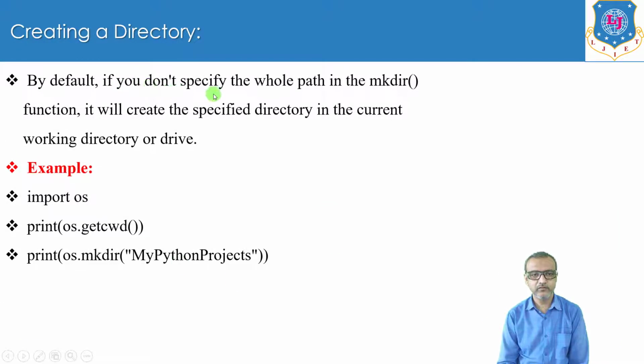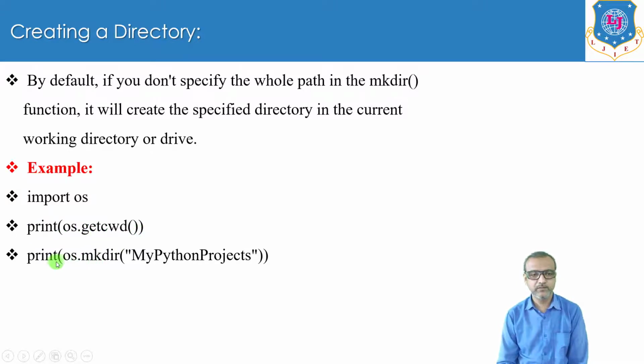By default, if you don't specify the whole path in mkdir function, it will create the specified directory in the current working directory or drive. For example, always we have to import OS module, that is import OS. Now here we are going to print the current working directory, that is print os.getcwd function.